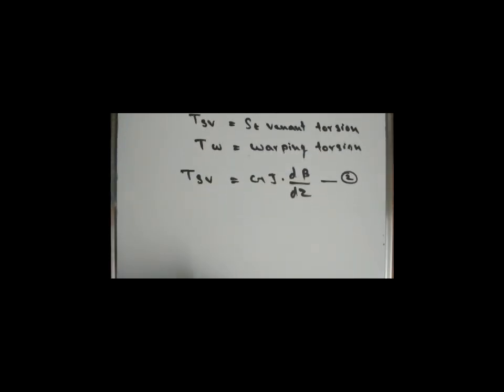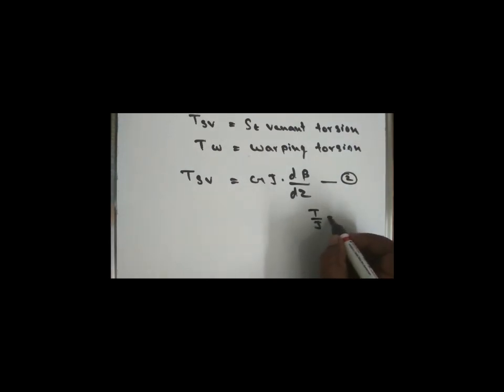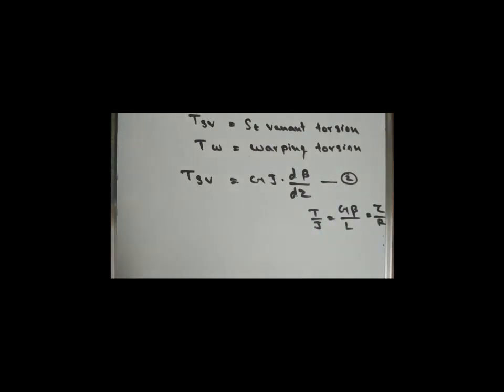This is from the torsional equation, T by J is equal to G beta. Instead of theta, I'm using the term beta. Tau is shear stress, T is the torsion, and J is the polar moment of inertia. You know, polar moment of inertia is equal to Ix plus Iy. Based on these two terms, we can determine TSV. Instead of TB, I'm writing TSV.